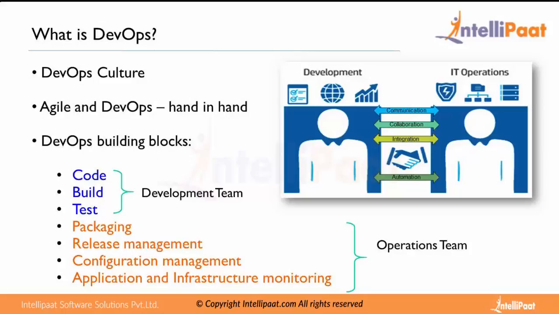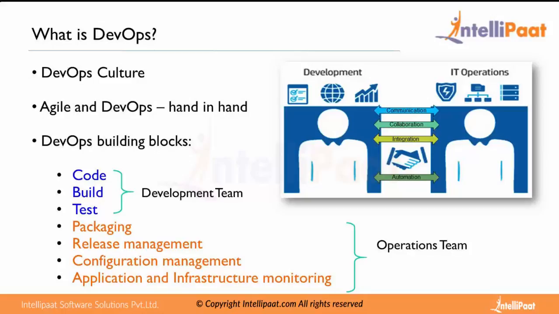All these different aspects are building blocks inside an application lifecycle, and they all form the entire end-to-end DevOps landscape. If you look at the code, build or test portion of it, that's what the development team will be referred to as.